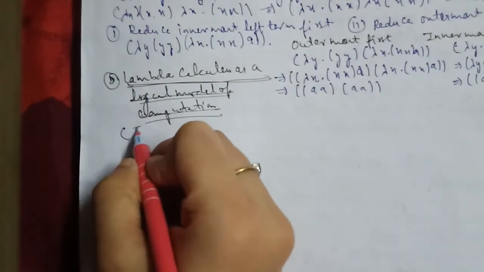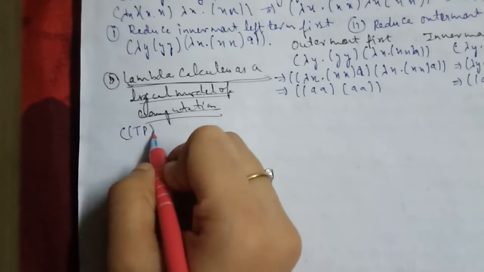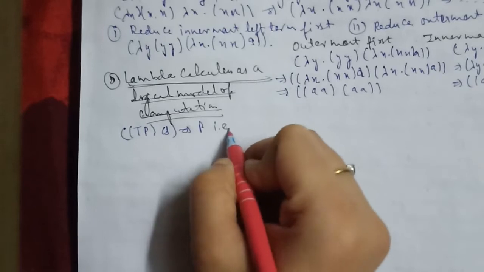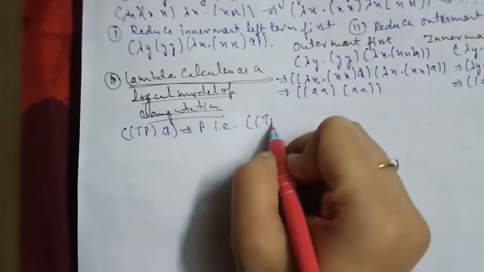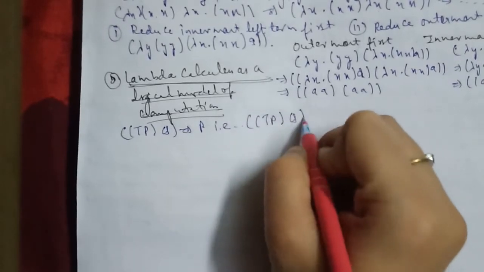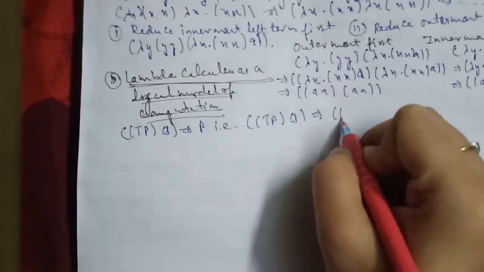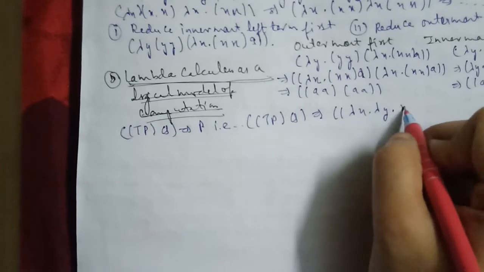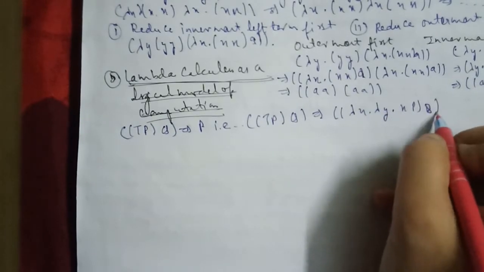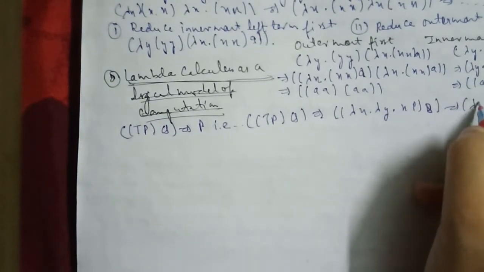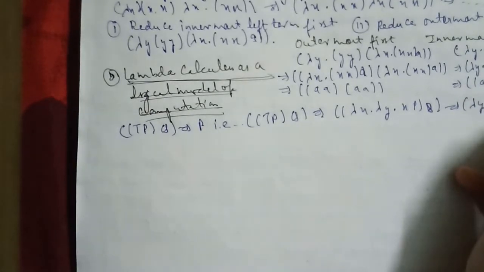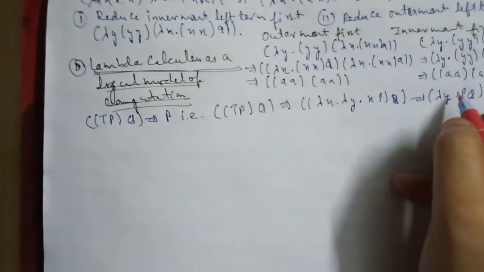The first property we have is T p q, that tends to p. That is, T p q tends to lambda x dot lambda y dot x p q, and that tends to lambda y dot p q, that tends to p here.